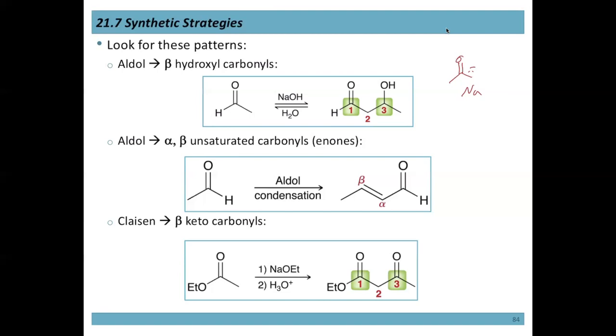Don't forget that in the aldol reaction, if we add a little bit of heat to it, it forms an extended conjugated system, we tend to get an alpha-beta unsaturated carbonyl. And bonus points here if you can identify why these would be useful. What would we use an alpha-beta unsaturated carbonyl for?